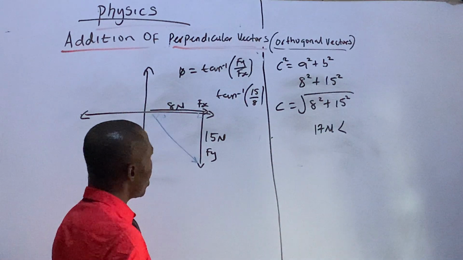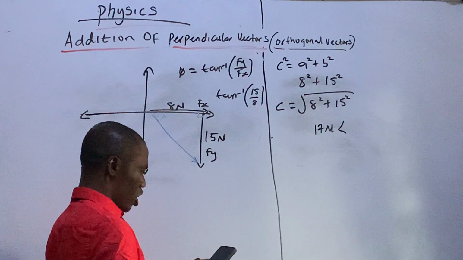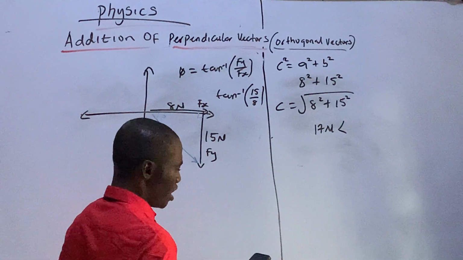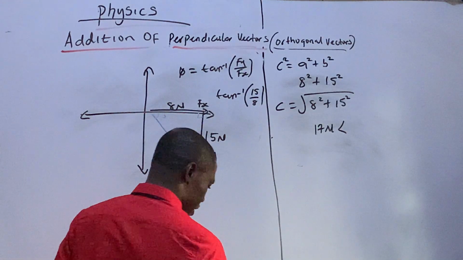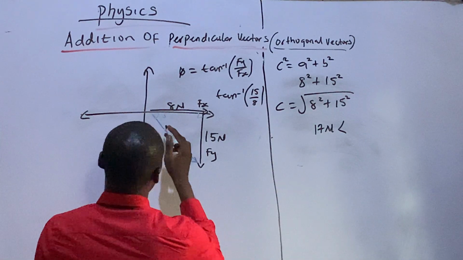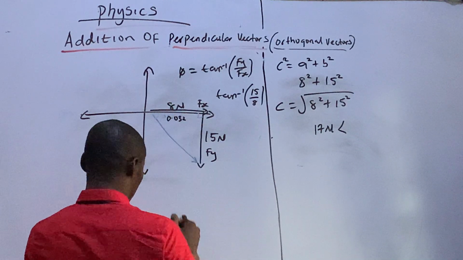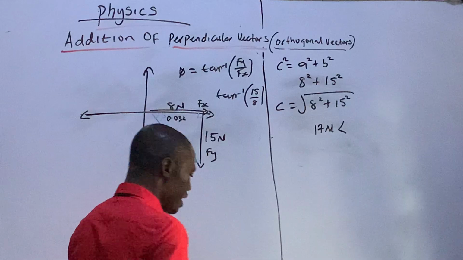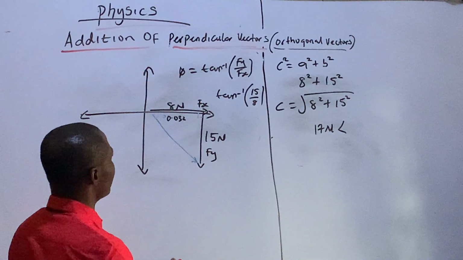Shift tan of 15 divided by 8. What I'm going to have here is 0.032. Okay? But I need an angle that is relative to the positive x-axis.